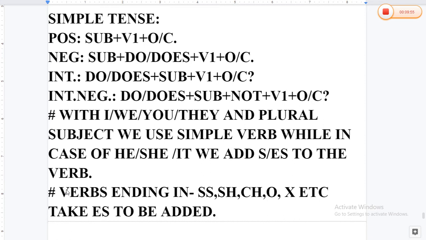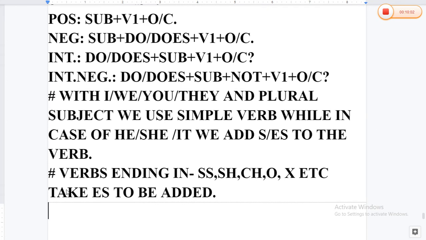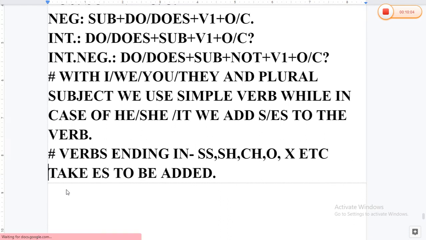Various other cases, when they come, I'll tell you. These are certain rules and structure about present simple tense.